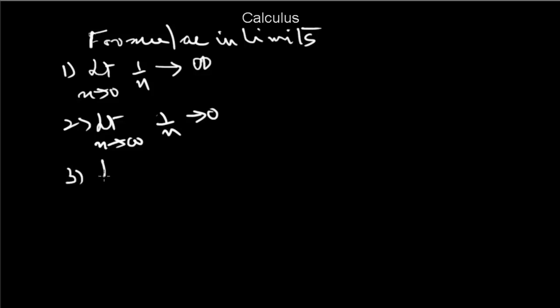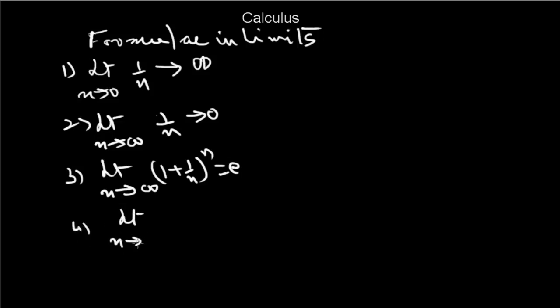Number three, limit n tending to infinity, (1 plus 1 by n) whole power n is equal to e. Number 4, limit n tending to 0, (1 plus n) whole power 1 by n is equal to e.